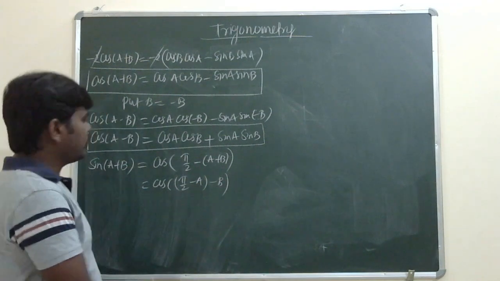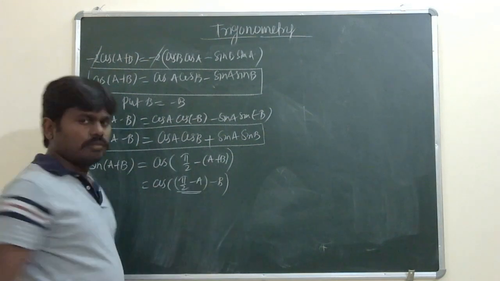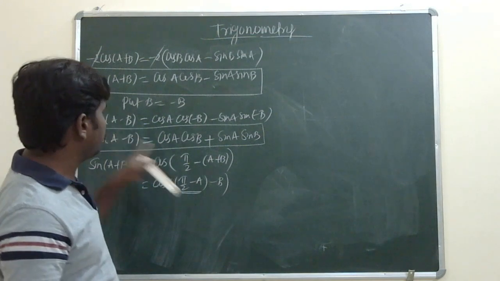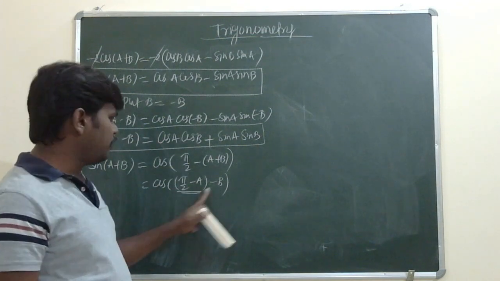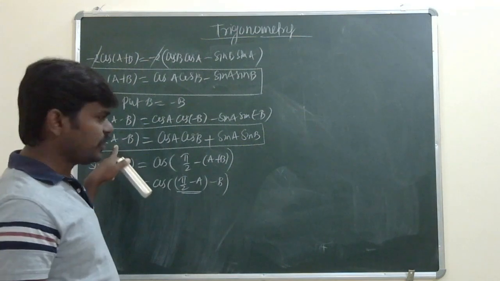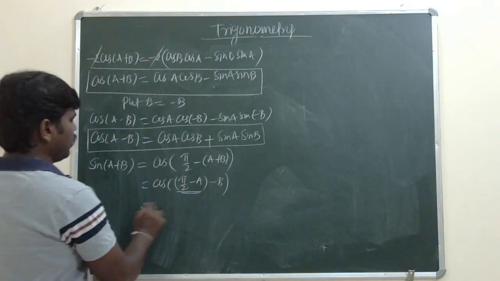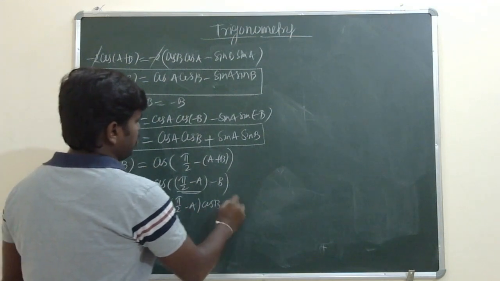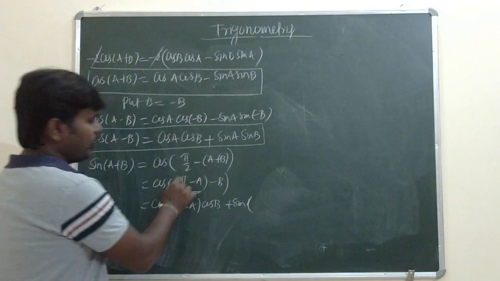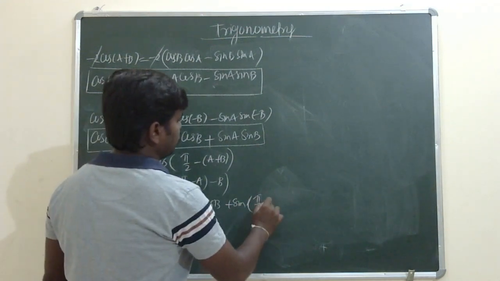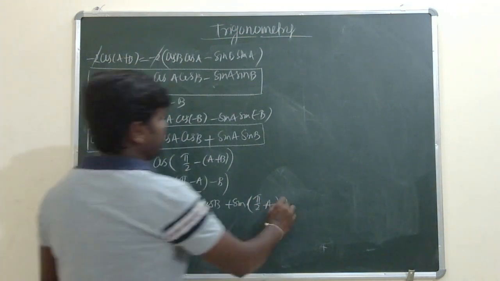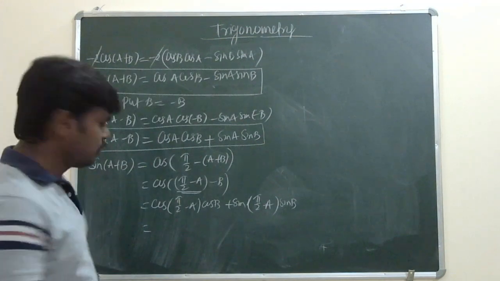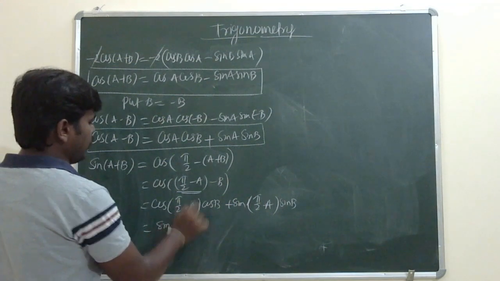Now treat this as a and this as b, and apply the cos(a − b) formula. The cos(a − b) formula is already here, so that is nothing but cos a cos b plus sin a sin b, where a is π/2 − a. Here cos(90 − θ) means sin θ, so that gives sin a cos b.